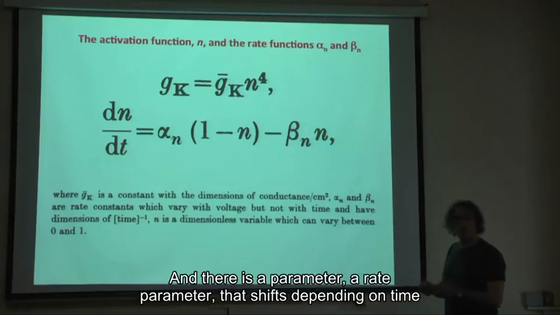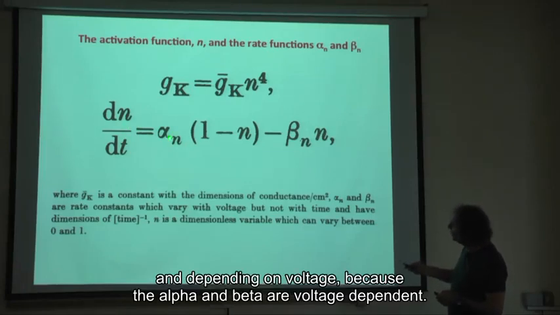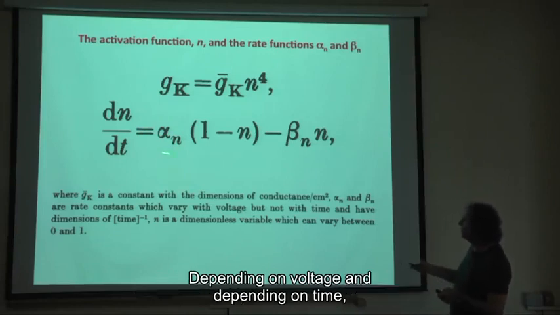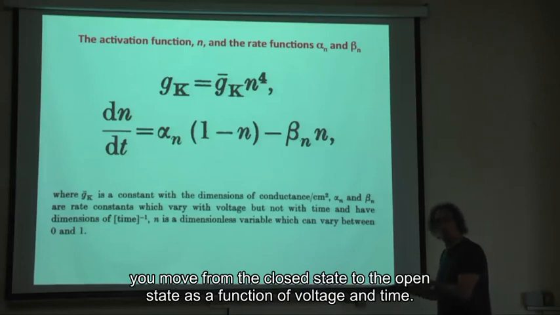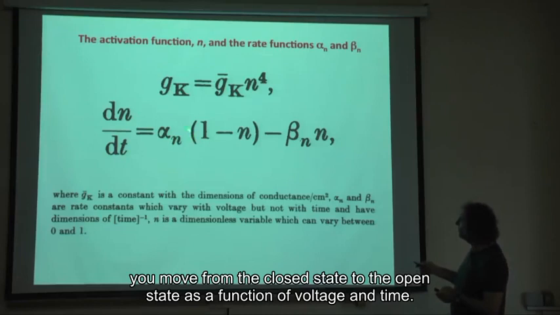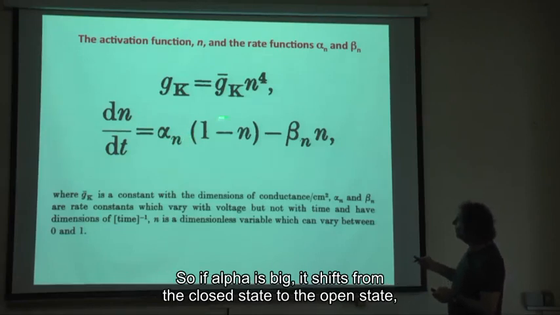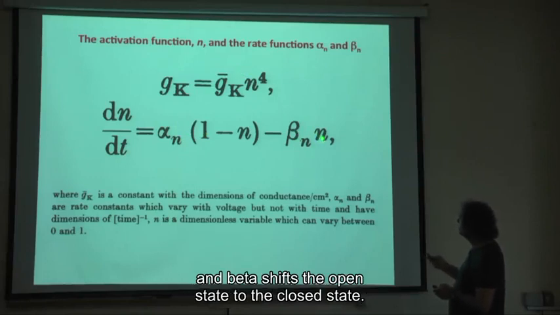And there is a rate parameter that shifts depending on time and depending on voltage, because alpha and beta are voltage dependent. Depending on voltage and time, you move from the closed state to the open state. So if alpha is big, it shifts from the closed state to the open state, and beta shifts the open state to the closed state.